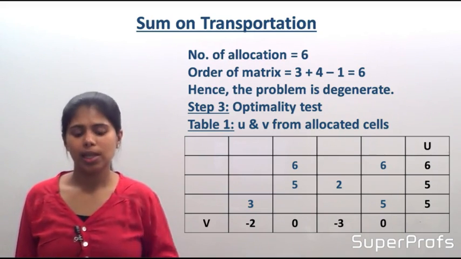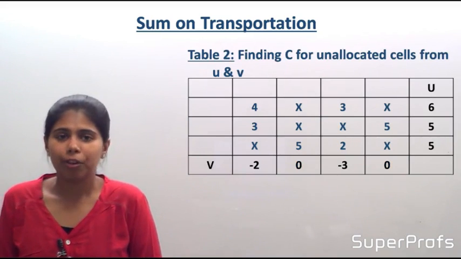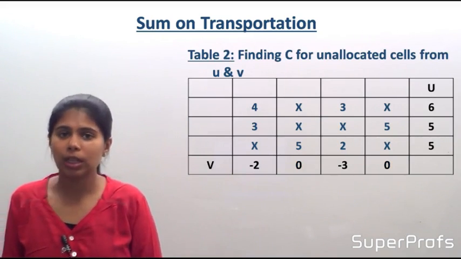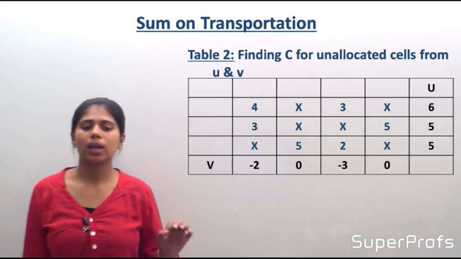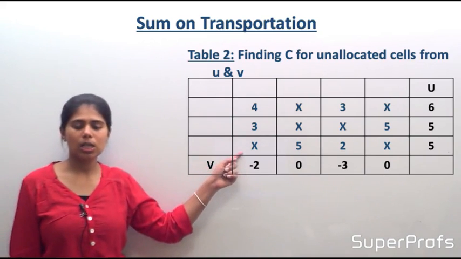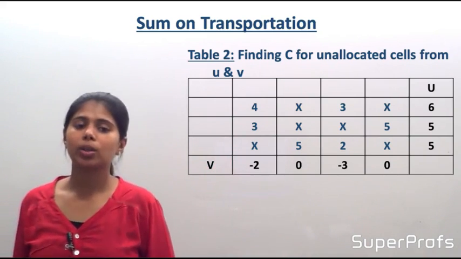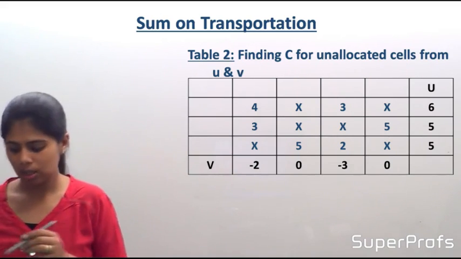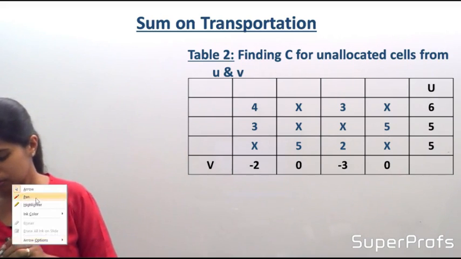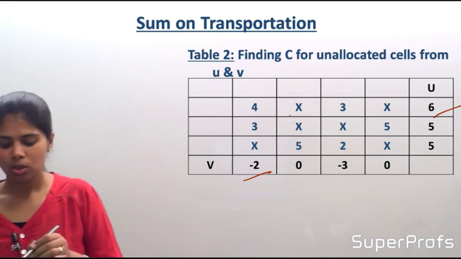Now let's look at table 2. In table 2, we have to find out U plus V for the unallocated cells. So I cross out all my allocated cells. All the crosses that you see are my allocated cells. So I'm not going to look at that. I'm only going to look at the others. So if you see my first cell is 6 and minus 2. So this is minus 4.